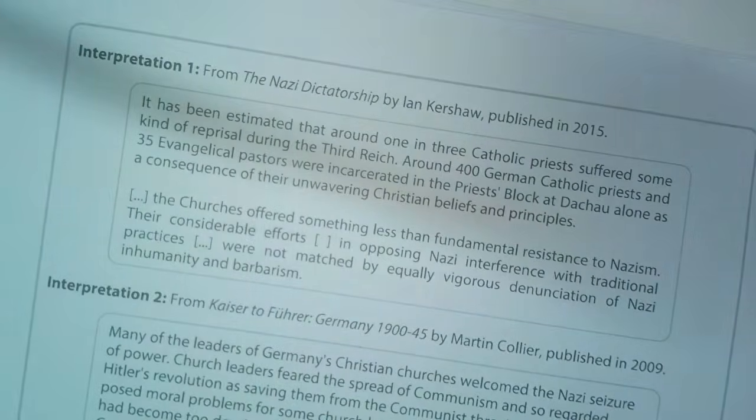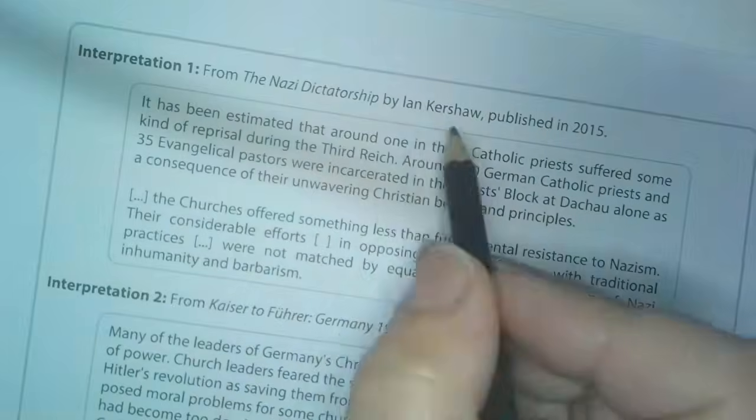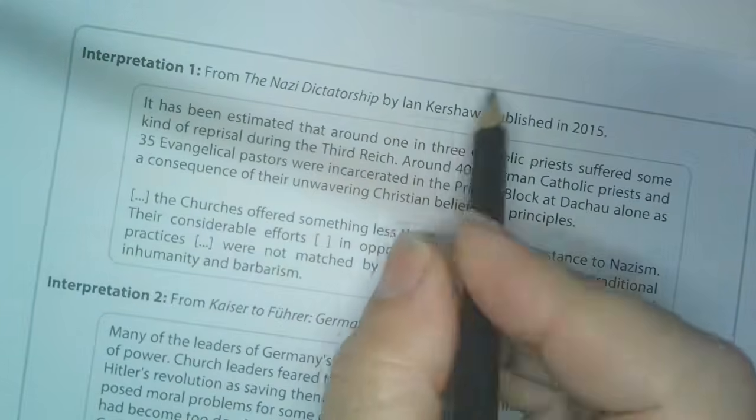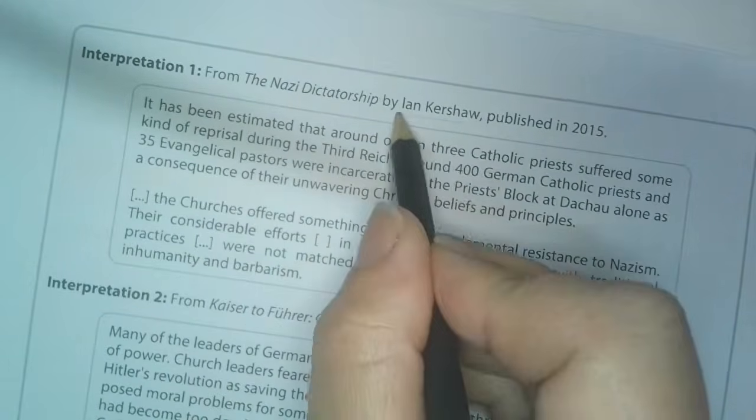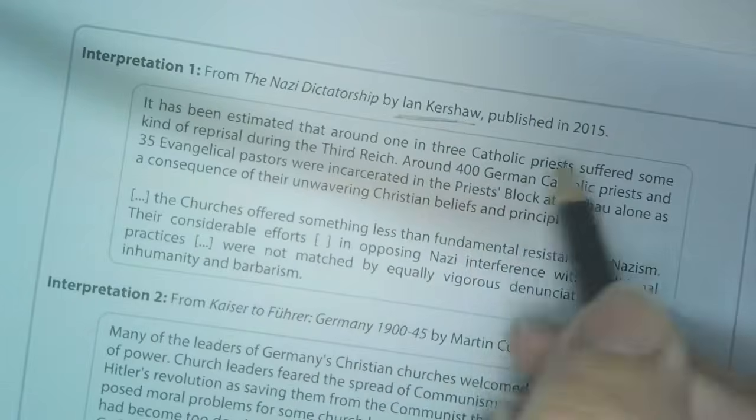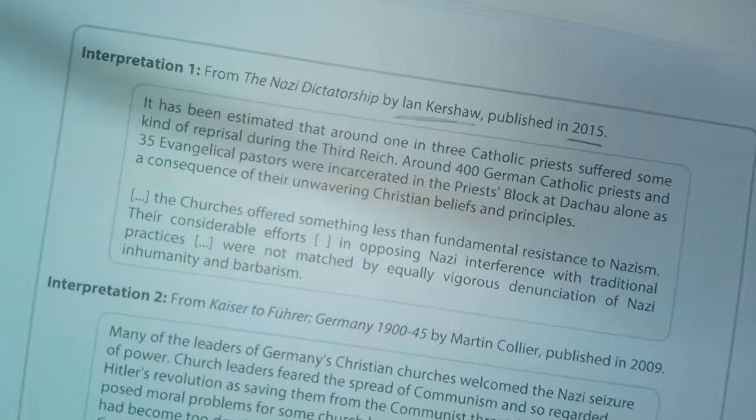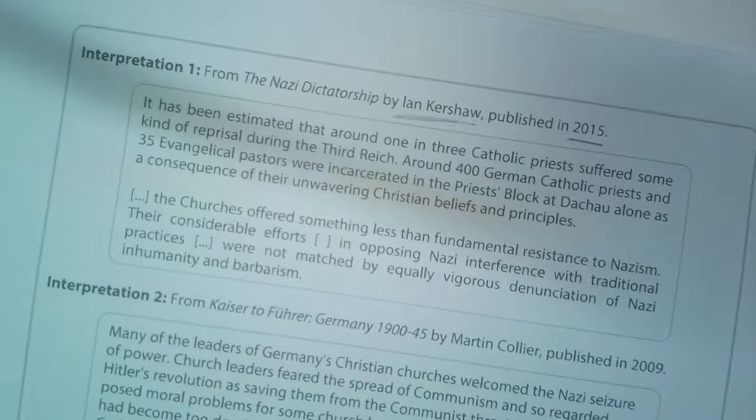This is from a book called The Nazi Dictatorship by a historian called Ian Kershaw, a very, very highly respected historian of the Nazi period. This was published in 2015, so very recent. It says, it has been estimated that around 1 in 3 Catholic priests suffered some kind of reprisal during the Third Reich.